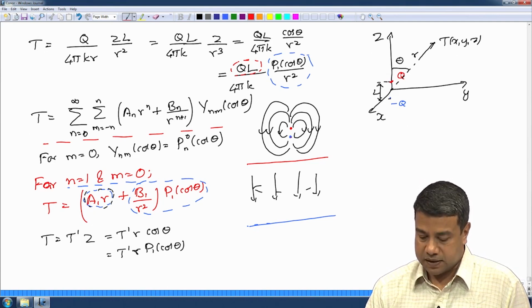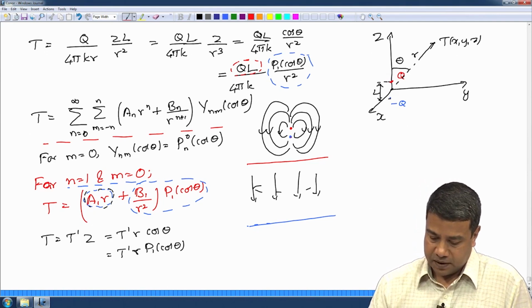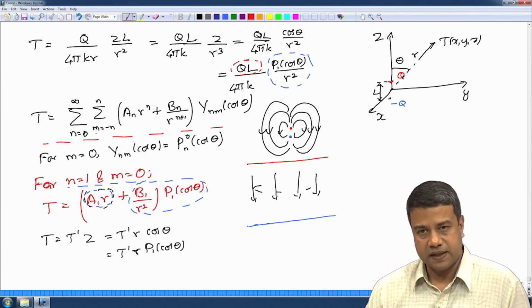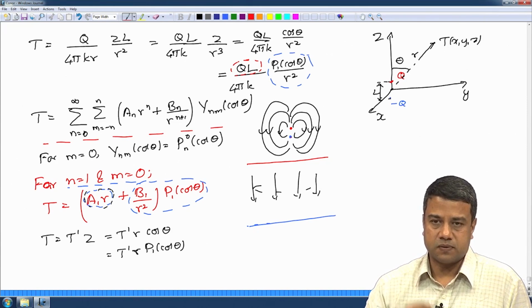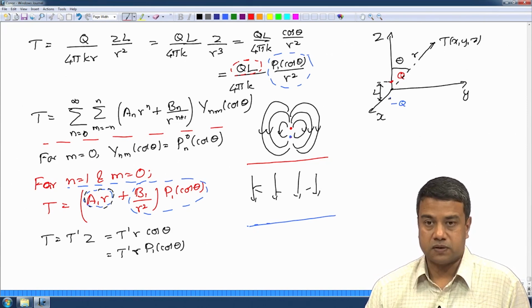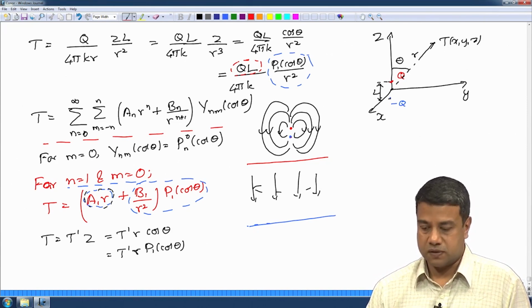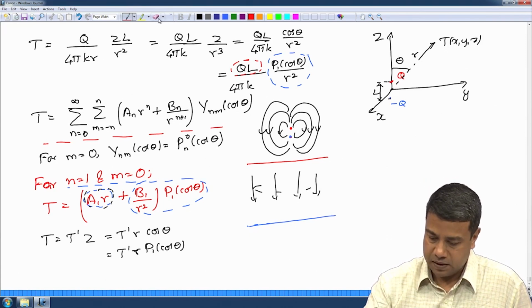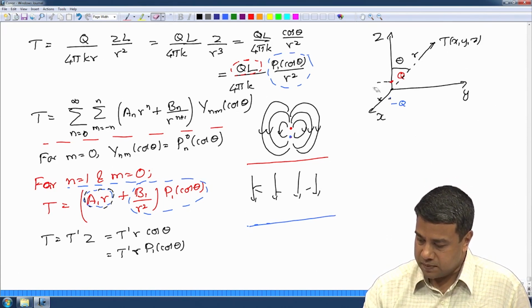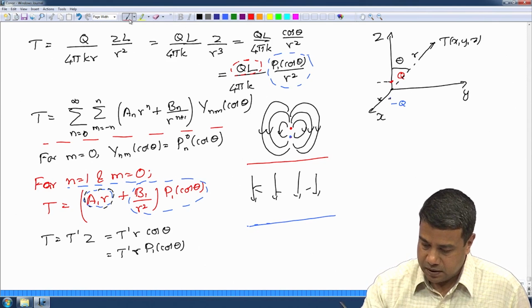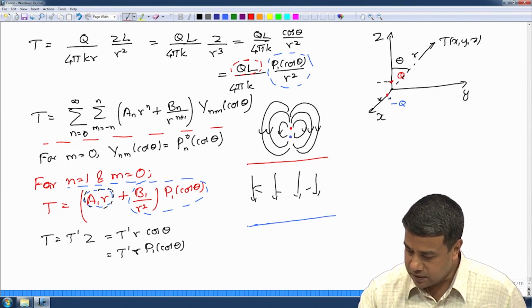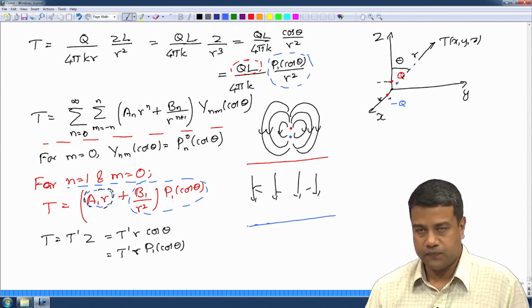What about, as I told you, in this expansion m can go from minus n to plus n. So m can be minus 1, 0, plus 1. Therefore, there are 3 solutions. What do the other 2 solutions mean? I will not go into the details, but the other 2 solutions are basically dipoles that are aligned along the x axis with plus q and minus q along the x axis.